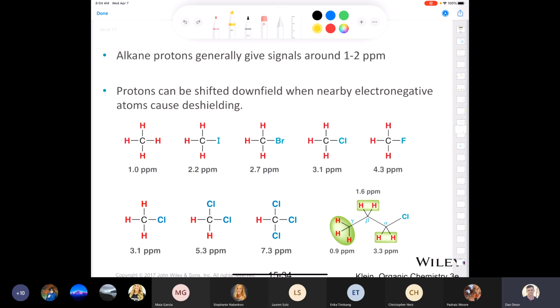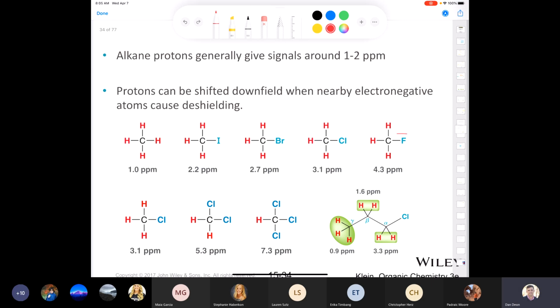But what happens to the chemical shift as we go from having methane to having iodomethane to bromomethane to chloromethane to fluoromethane? You see that the chemical shift increases. Why would that be? It increases due to increasing electronegativity of the halogen, right? Fluorine is the most electronegative element in the periodic table.